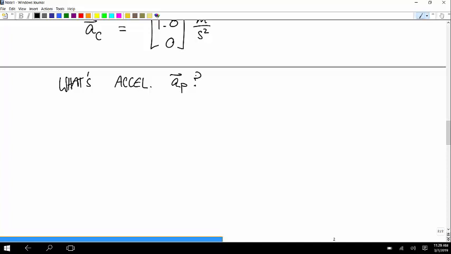Well, we're going to use the relative motion equation that says the acceleration of P relative to the ground is equal to the acceleration of P relative to the center plus the acceleration of the center relative to the ground.